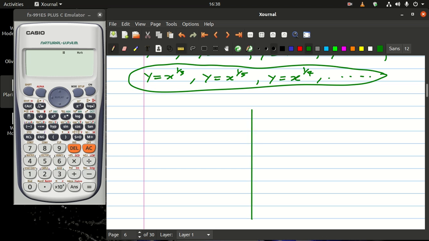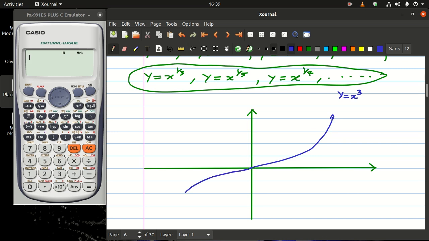Let me draw one. I know the shape of these things. We have just done it. So for this one, we know that if we have y is equal to x cube, for instance, the shape is always going this way and it comes this way.